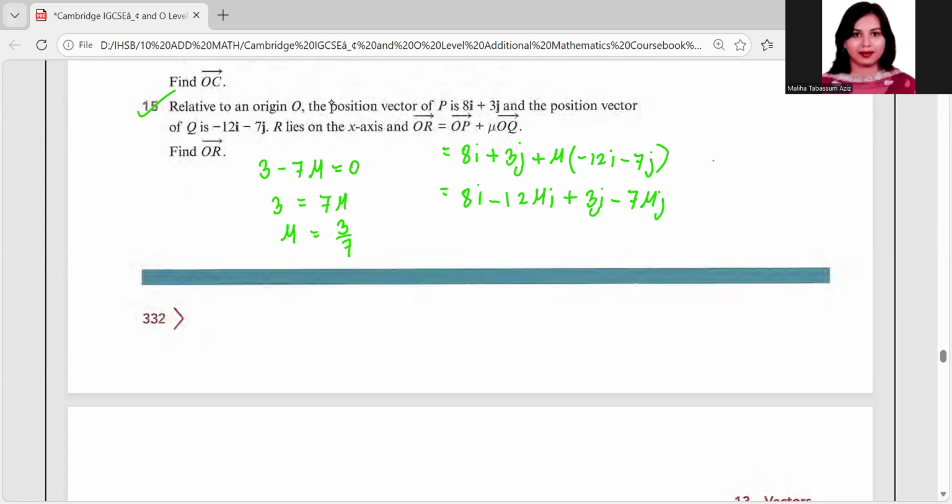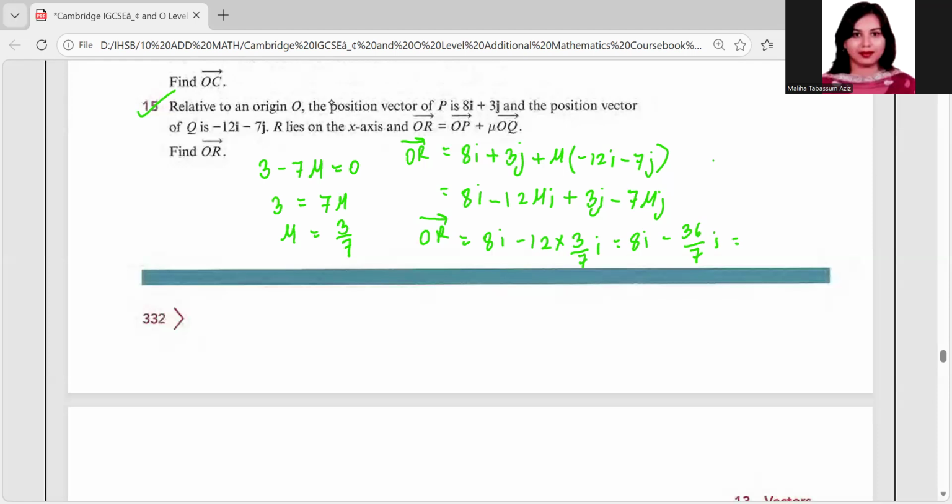Now, what would be the vector OR? So, vector OR would be 8i minus 12 into 3 by 7 i, which is 8i minus 36 by 7 i.